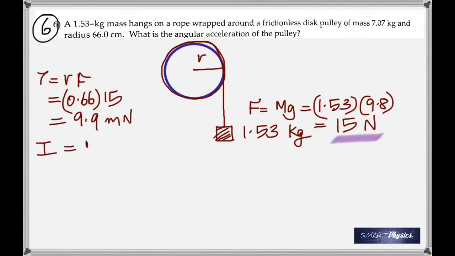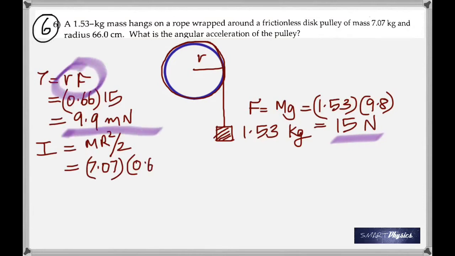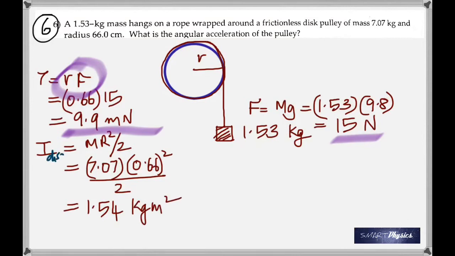Now, the rotational inertia of a disc is mr squared by 2. You got to know that. And that gives, on substitution and calculation, 1.54 kilogram meter squared. So we got the rotational inertia of the disc.